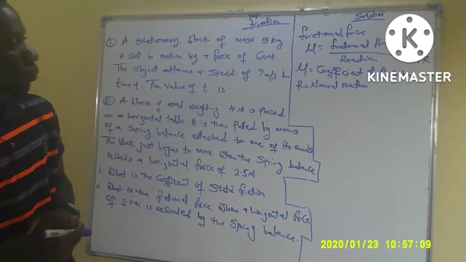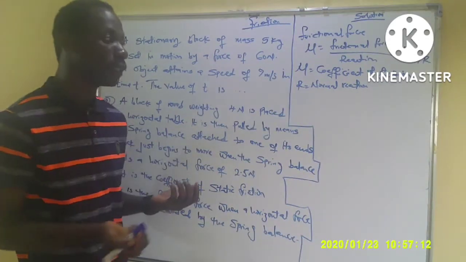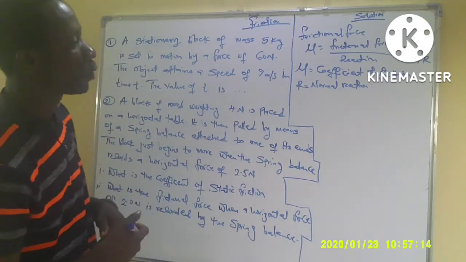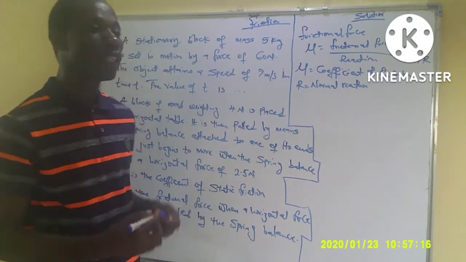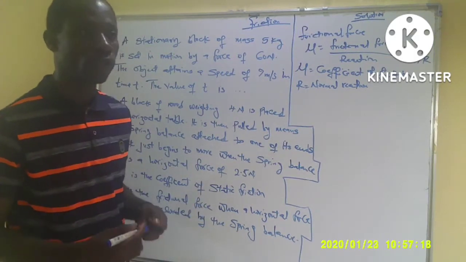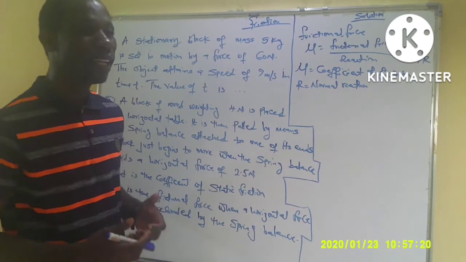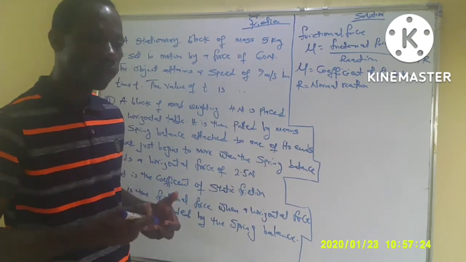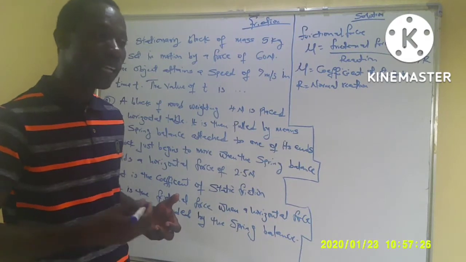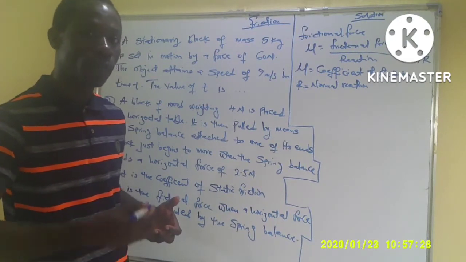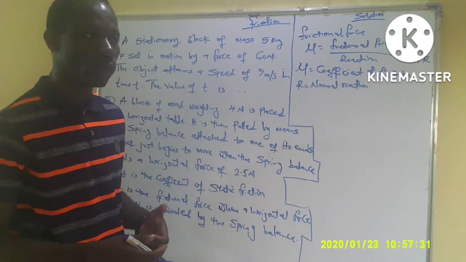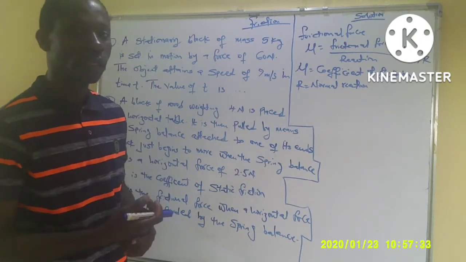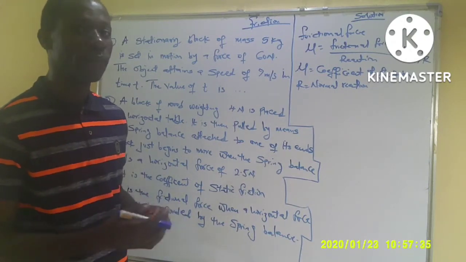And note that I said we have static friction and we have dynamic friction. Static friction is the maximum force needed to take an object from rest, from its original position. That force is the static frictional force. Then we have dynamic frictional force.